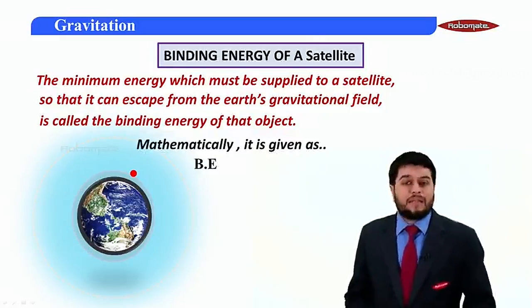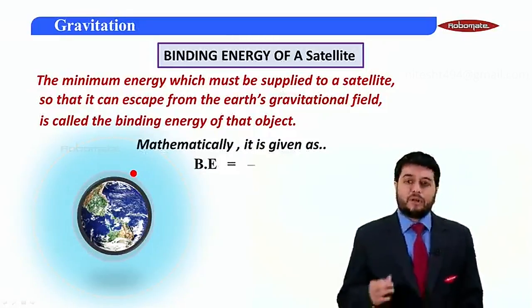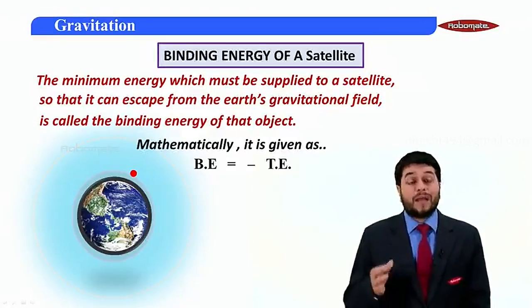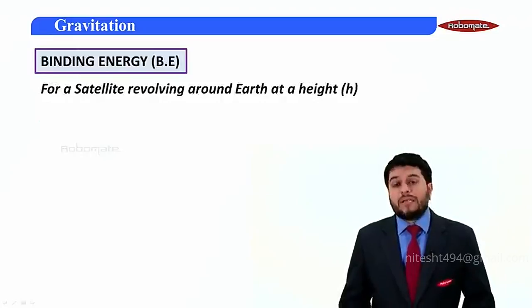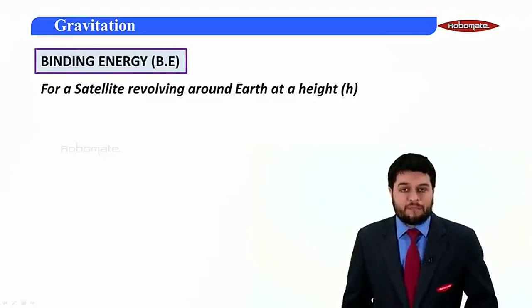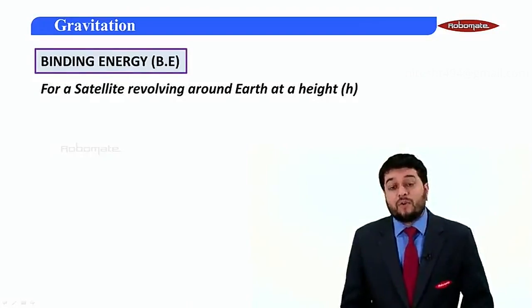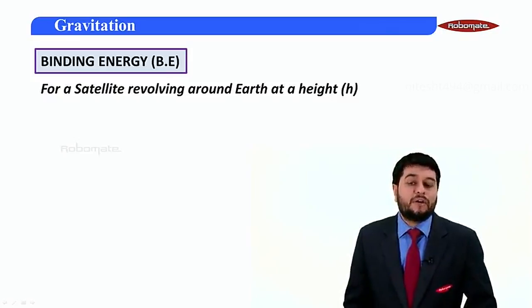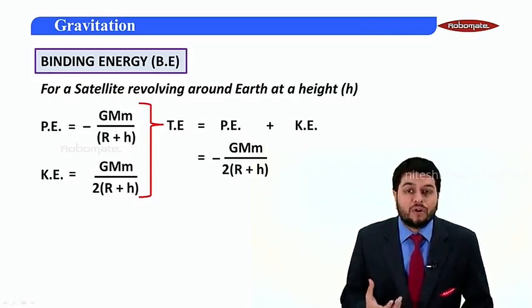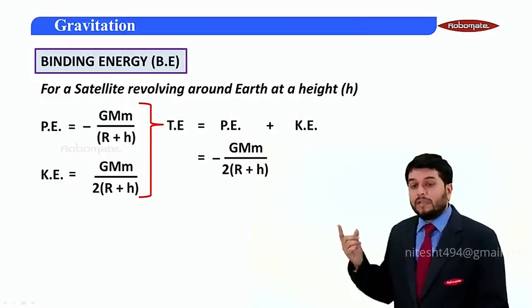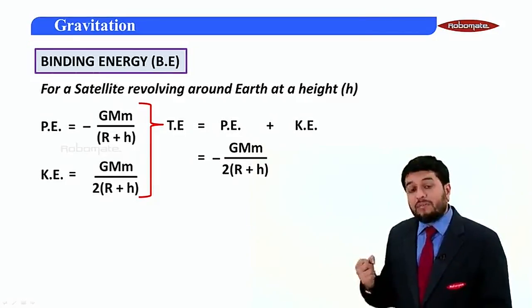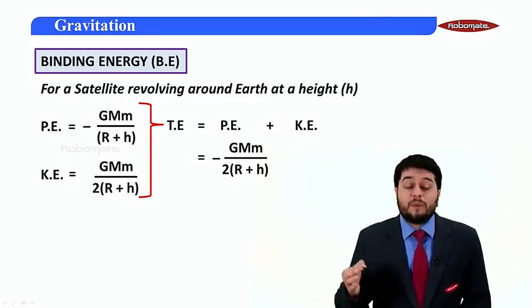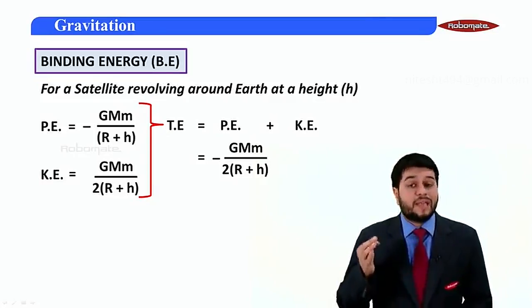Remember, mathematically, binding energy is always equal to minus of the total energy. So now let's find out what is the binding energy. For that, just recollecting, what is the total energy of a body or a satellite revolving at a height? You remember, the total energy is the sum of the potential and the kinetic, which is nothing but equal to minus GMm upon 2(R plus h).